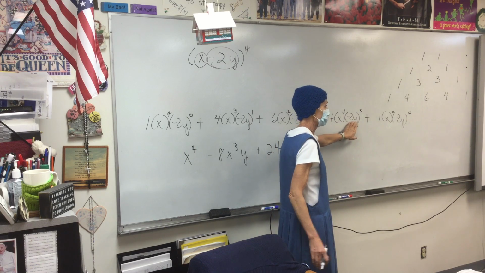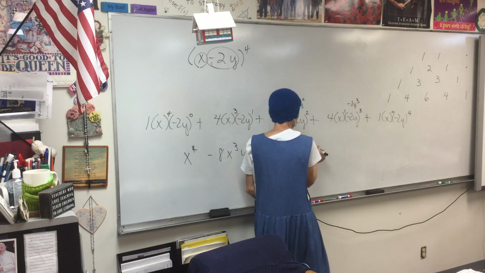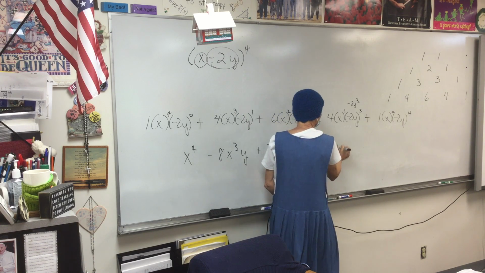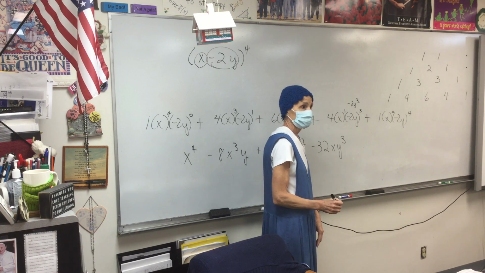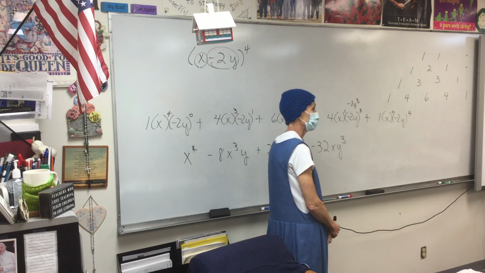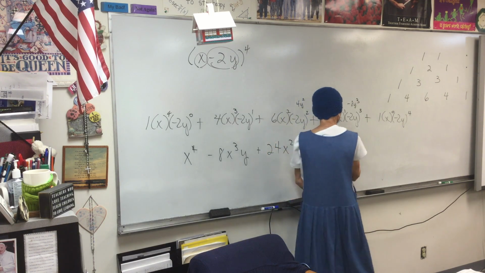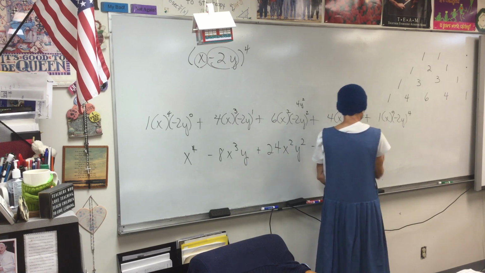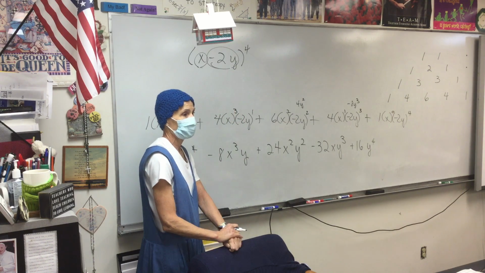Negative 8y cubed, so I get negative 32 xy cubed. And on the end, positive 16 y to the 4th. The x's are gone because they're to the 0 power.